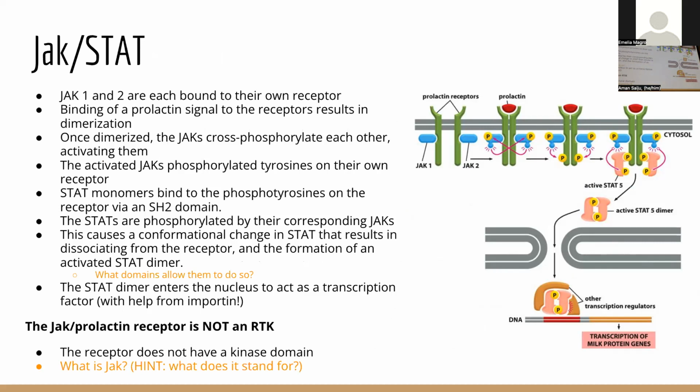There has to be an NLS on the STAT dimer that isn't revealed on the STAT monomer. When it dimerizes, the NLS is located on the outer shell of the protein. Something about that dimer formation reveals an NLS on the outside of the dimer.